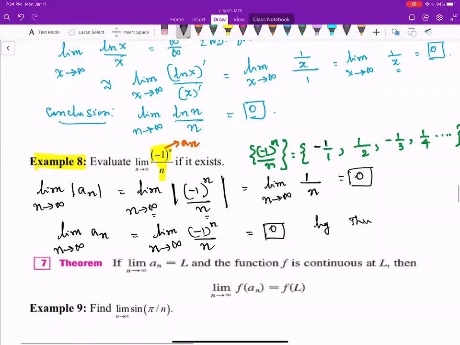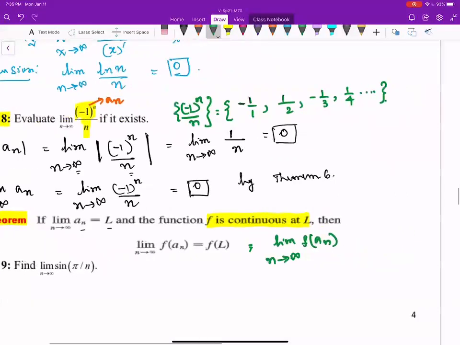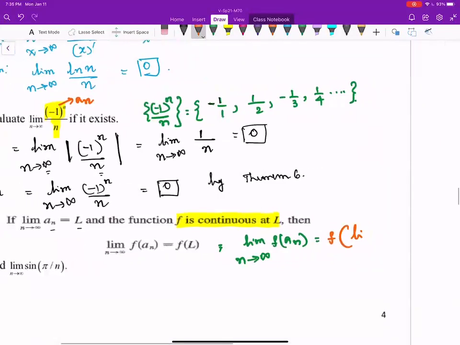If the limit as n approaching infinity of a n equals L, and the function f is continuous, this is important, continuous at L, then the limit as n approaching infinity of f of a n equals f of L. What this theorem tells us is that the limit as n approaching infinity of f of a n equals f of the limit as n approaching infinity of a n.